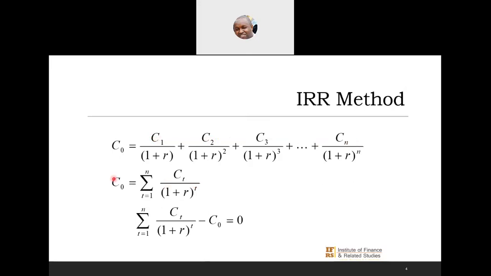That is, our initial cash flow should be equal to the sum of all discounted cash flows. Or when we less the initial cash outlay from the sum of present values of cash inflows, we should end up with zero.